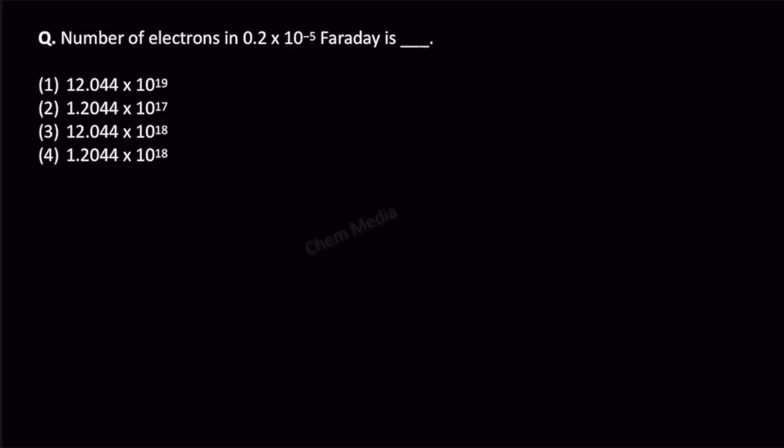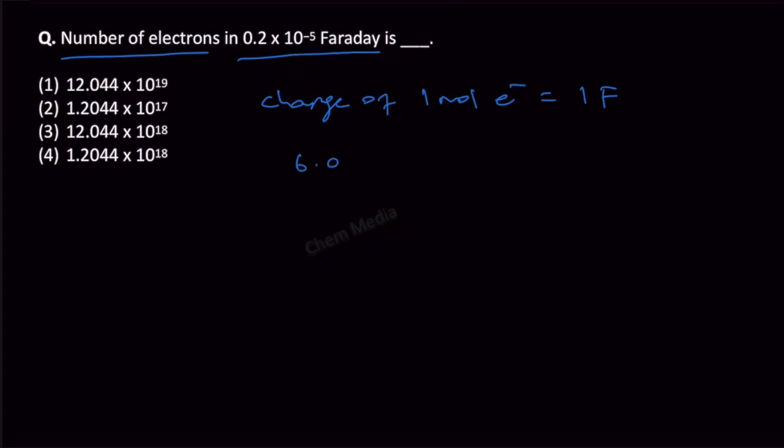What is the number of electrons in 0.2 times 10 to the power minus 5 Faraday? We know that charge of 1 mole of electrons is equal to 1 Faraday. 1 mole of electrons means Avogadro number of electrons, that is 6.022 times 10 to the power 23 electrons, is equal to 1 Faraday.